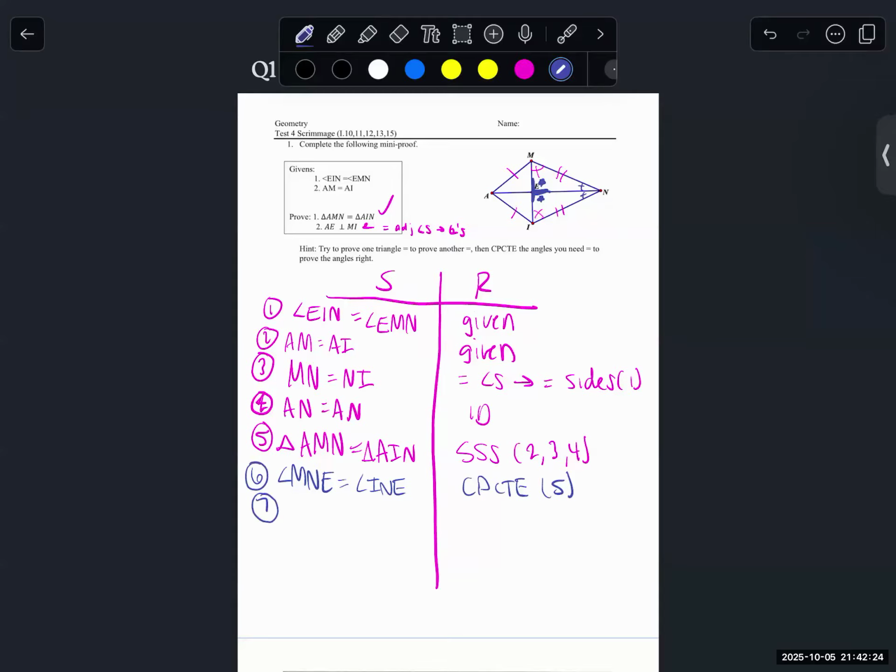And then I can say EN is equal to EN by ID, and therefore triangle MNE is equal to triangle INE by SAS, lines 7, 6, and 3.